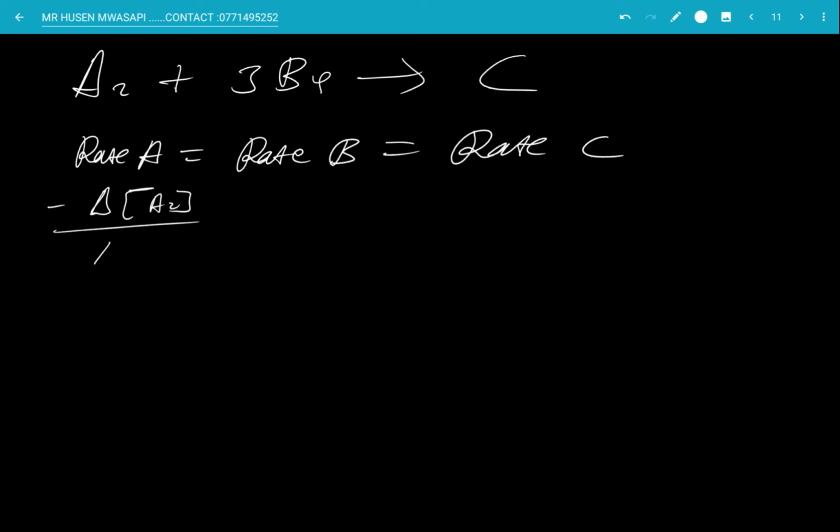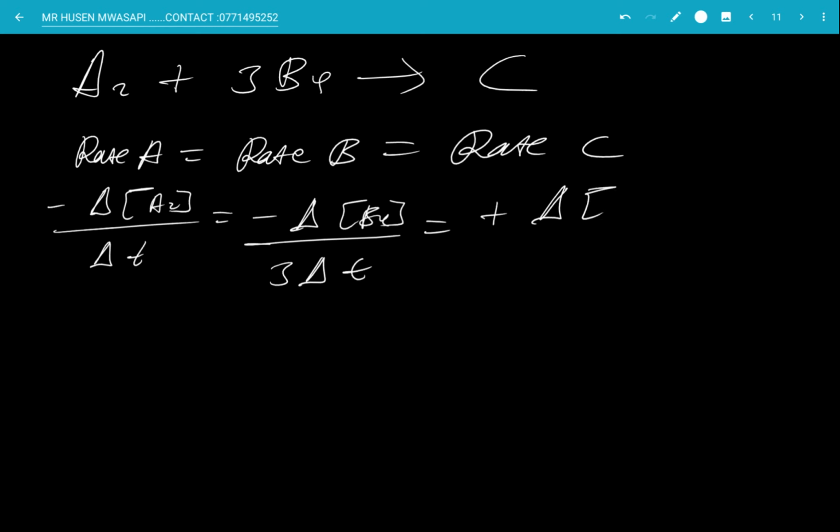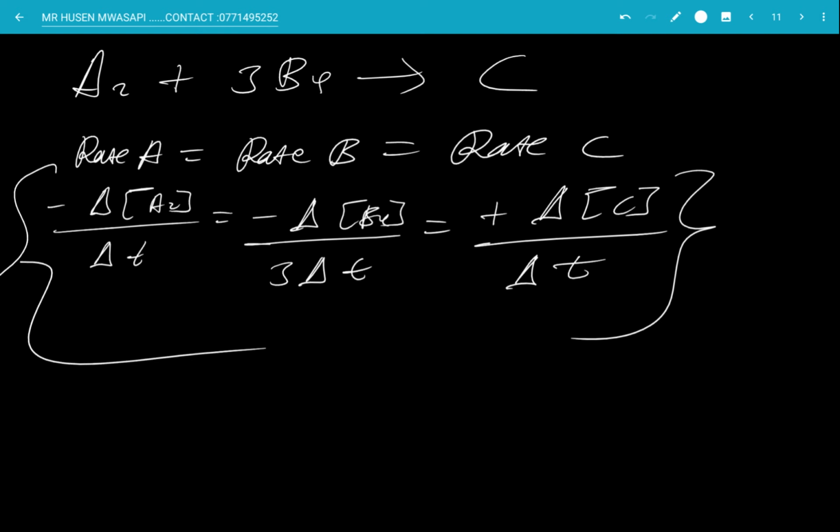A2 over the change in time being equal to minus the change in the concentration of B4 over 3 change in time being equivalent to plus the change in concentration of C over change in what? Time. This is a very important relationship that you have to know.